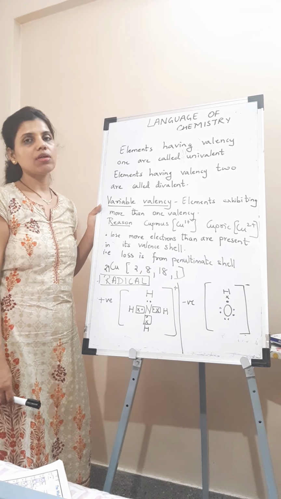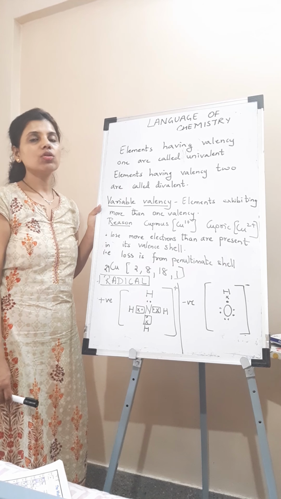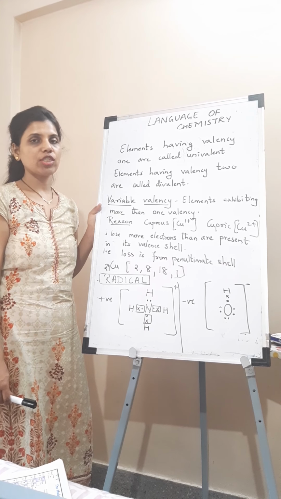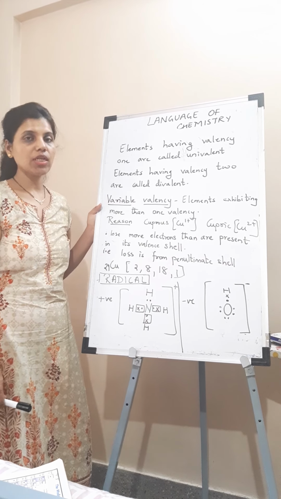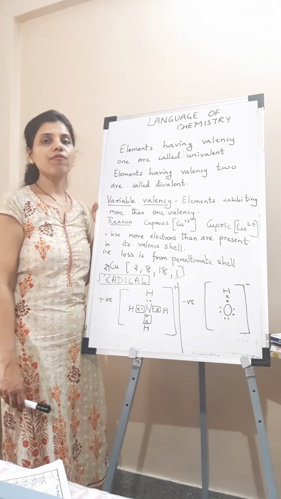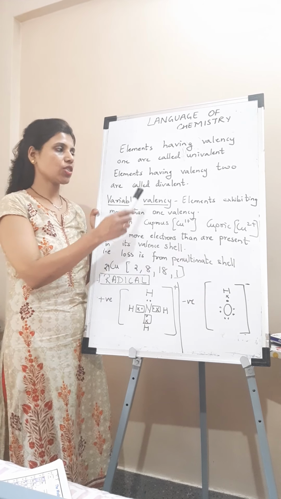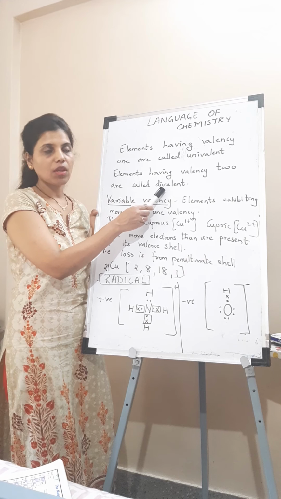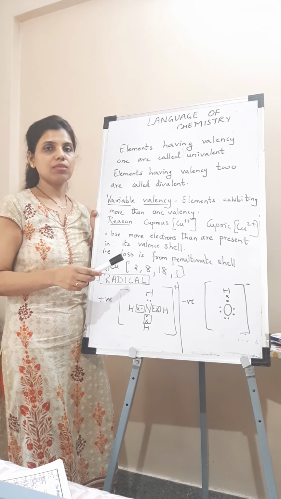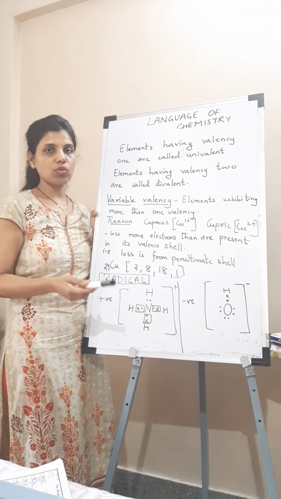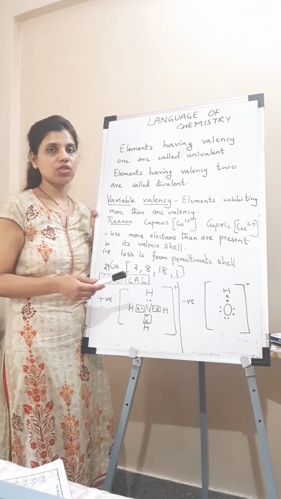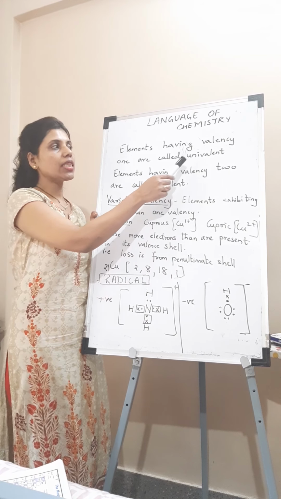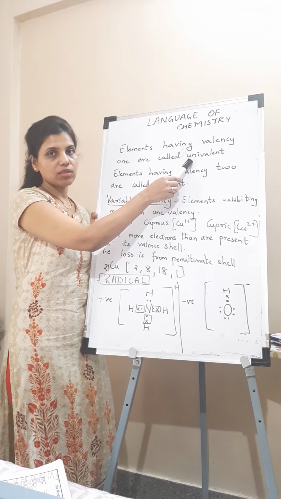So if magnesium donates 2 electrons to achieve the stable electronic configuration, then the valency of magnesium is 2 and it is known as divalent. And if lithium donates 1 electron to achieve the stable electronic configuration, then lithium is known as univalent.